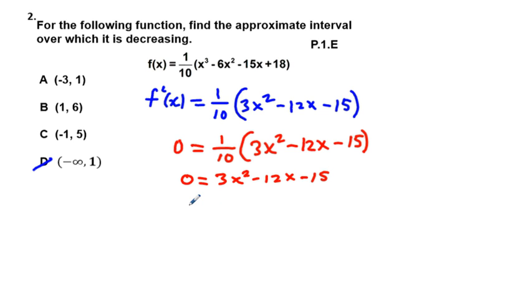Okay, the next thing we're going to do on the right side is find a common factor for this quadratic trinomial, and that common factor will be 3. So you have 3 times quantity x squared minus 4x minus 5.